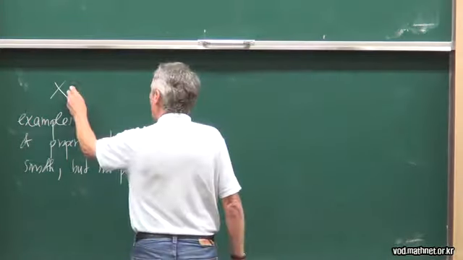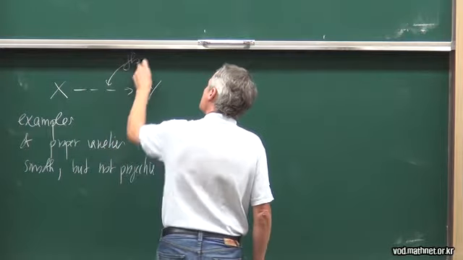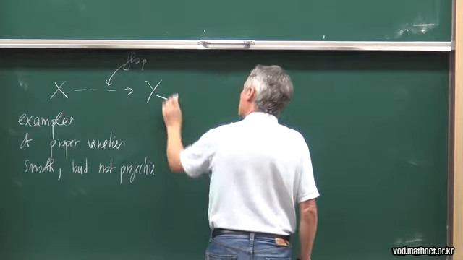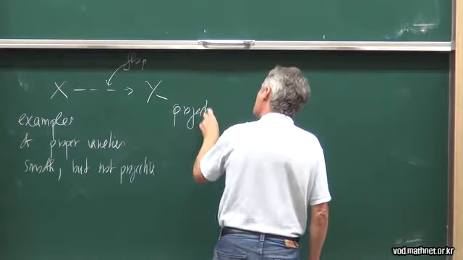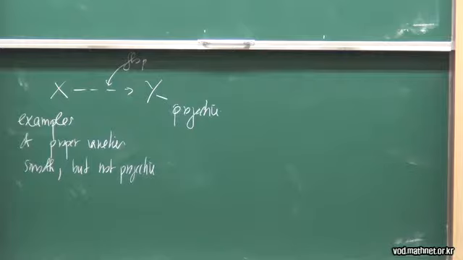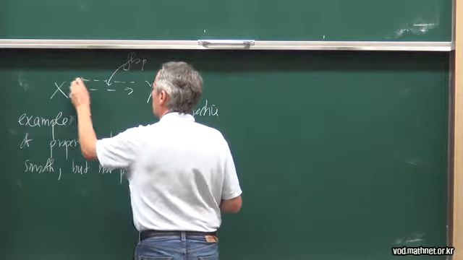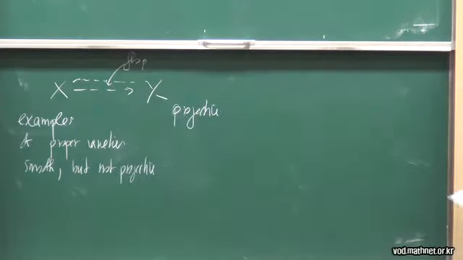So the only thing you can possibly do is flop. This is a flop. And then this guy is projective. So if you look at Fulton's example, if you flop any one of the curves, there's 3 obvious curves to flop. If you flop them, you get a projective toric variety. But then this map, the inverse map is the map I'm looking for. There's no way you can take that map to be a morphism.